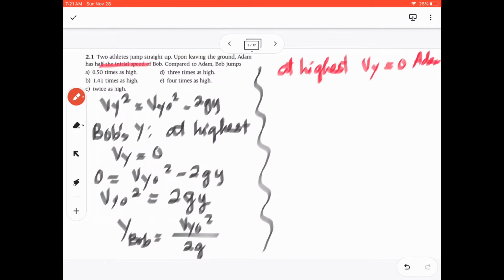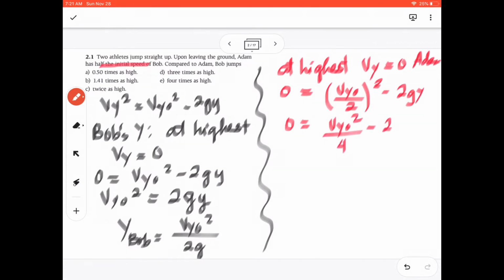Therefore, we are going to use 0 squared is equal to Vy initial divided by 2, because it's half of Bob's initial velocity, squared, minus 2gy. This y now is Adam's. So this will become 0 is equal to Vyo squared divided by 4 minus 2gy.